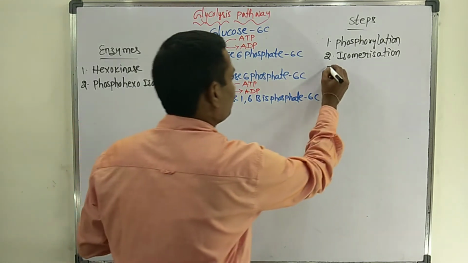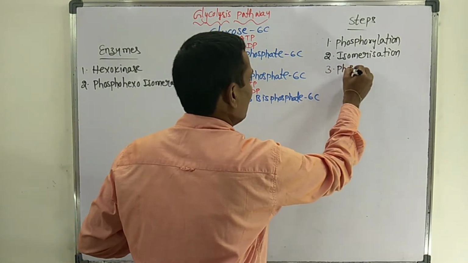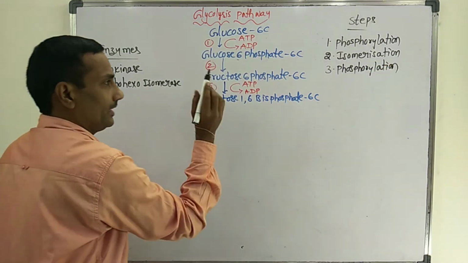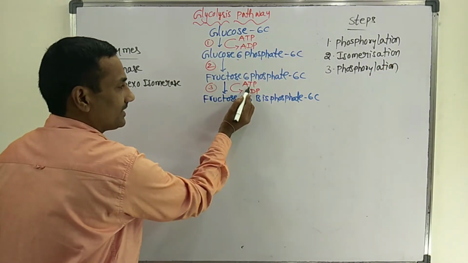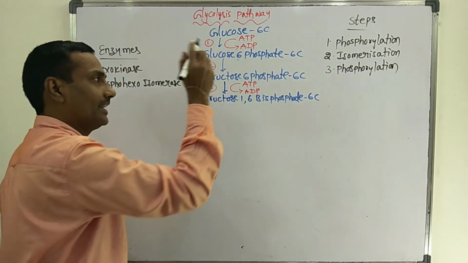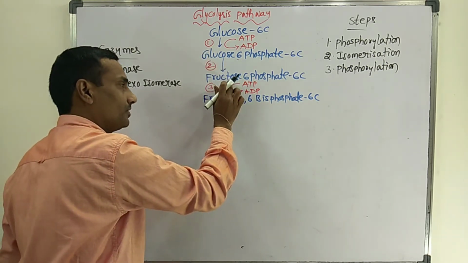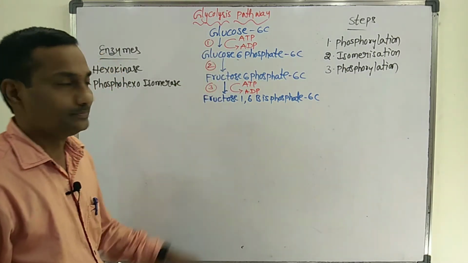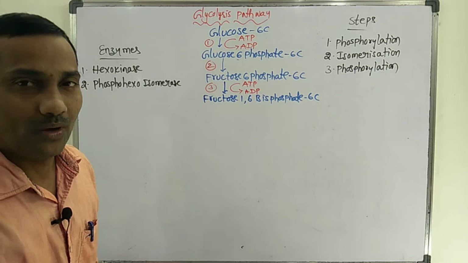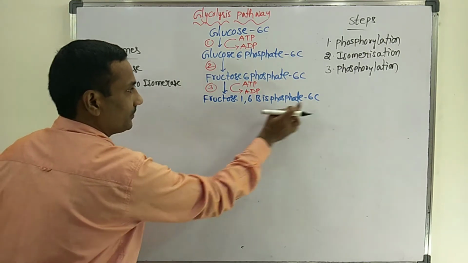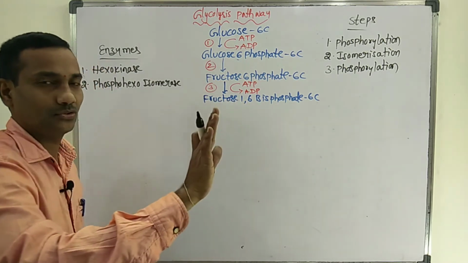Third step, that is phosphorylation. In the phosphorylation step, one single phosphate from ATP comes out and is added to the first carbon of fructose 6-phosphate. It leads to the formation of fructose 1,6-bisphosphate. It has 2 phosphates. The number of carbons is constant, no change.